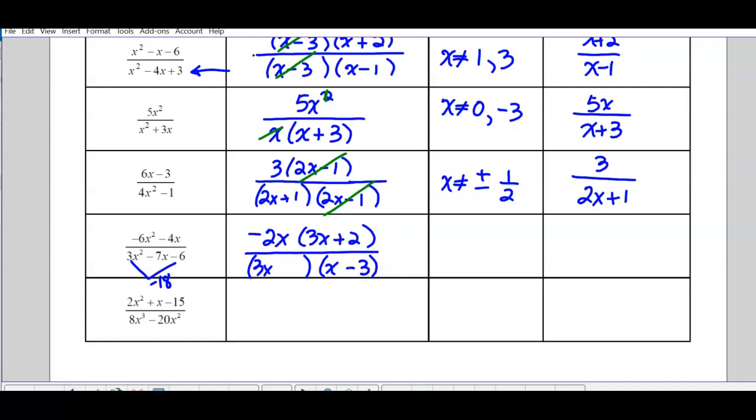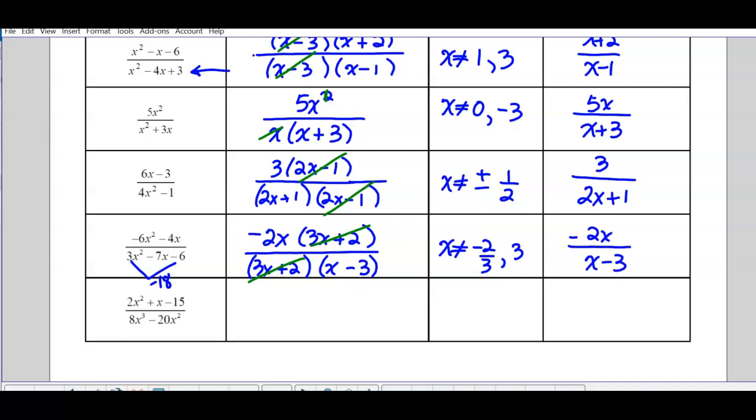Negative 9 would mean we need a negative 3 there, plus 2. Okay. Restrictions would be negative 2/3 and positive 3. And notice that the brackets divide out. We just show what's left.